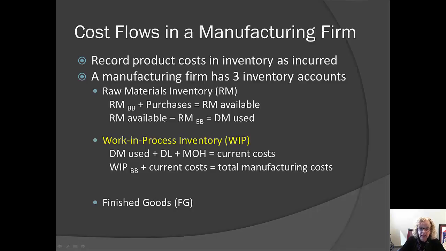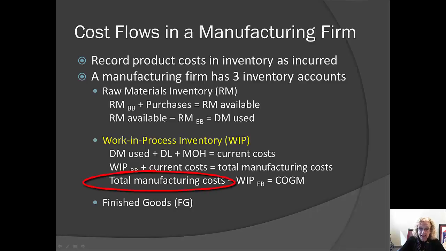There's only 2 possibilities. Either the units get finished this period or not. So we can take our total manufacturing costs and subtract out the dollar value of any units that didn't get finished this period. That's our work in process ending balance.